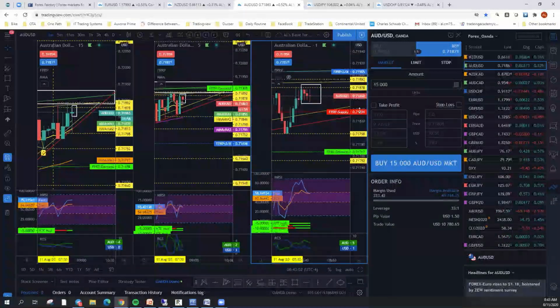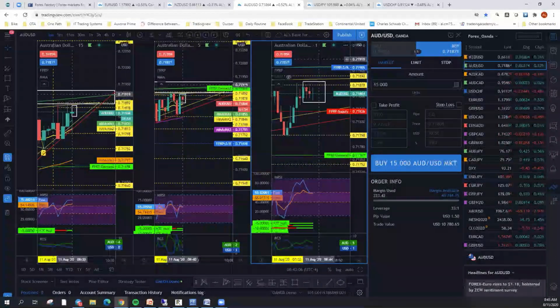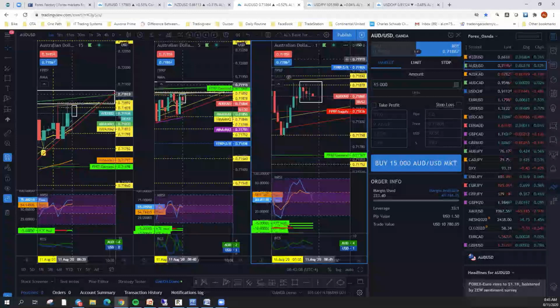This is just all part of watching the price action and understanding what you're seeing when you see the different candle formations, to try to understand what the prices are doing.